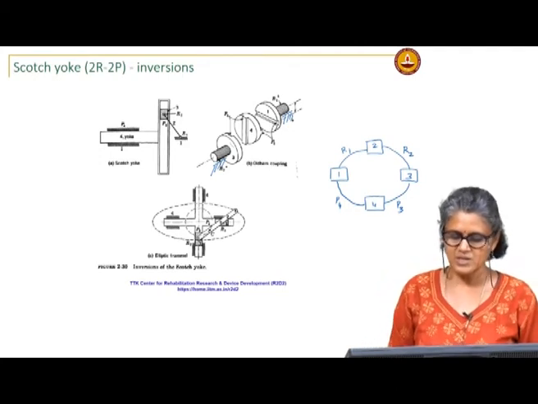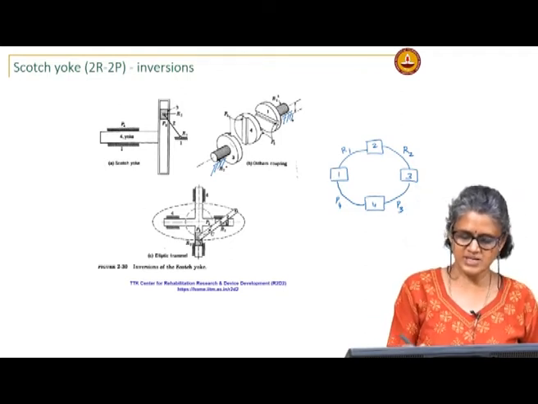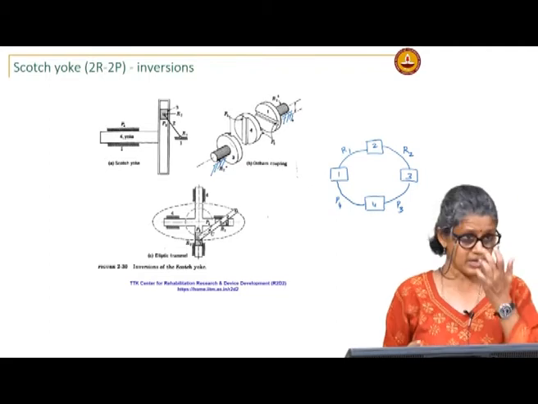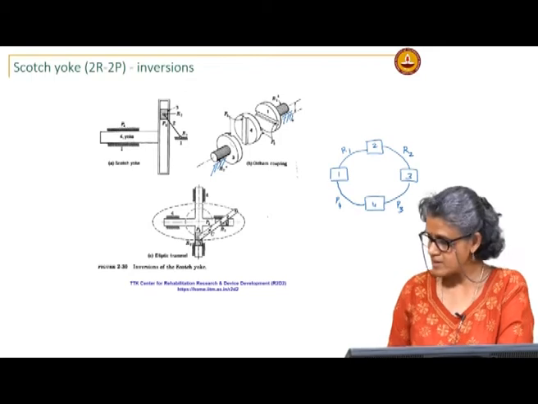So, this is called an elliptic trammel, and you can see that this point traces an ellipse.